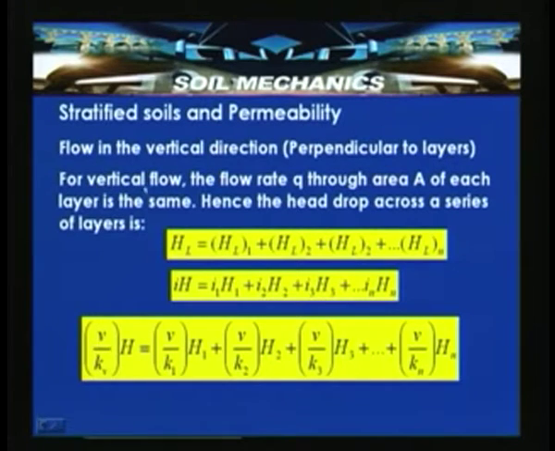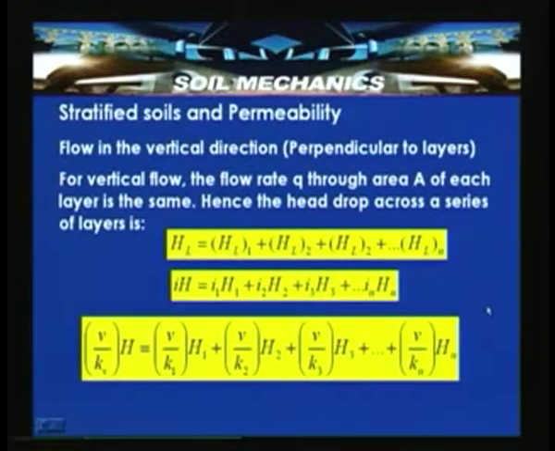So, when this condition arises for vertical flow, the flow rate Q occurs through an area A. The flow is occurring in the vertical, say upward, direction over an area A that is the same for each layer. The head drop occurs over a series of layers. This head drop across a series of layers can be said as HL is equal to head loss in the first layer, head loss in the second layer, head loss in the third layer.